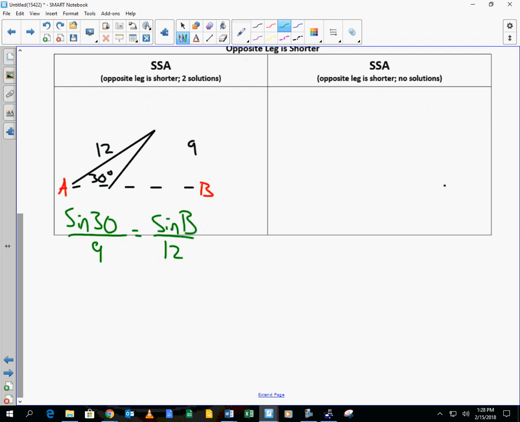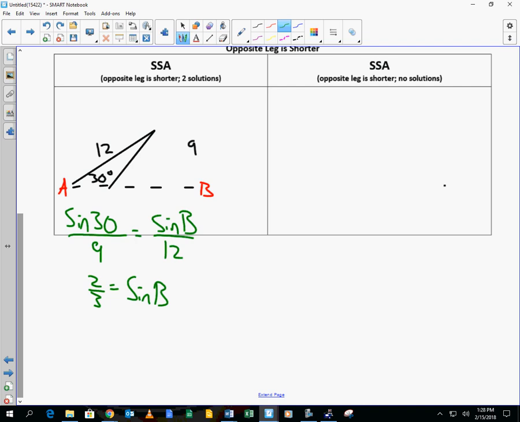It's 1/2. Very good. And 1/2 divided by 9 is 1/18. Very good. So we got 1/18, and then we multiply by 12. 12 over 18, or 2/3. 2/3 is the sine of B.